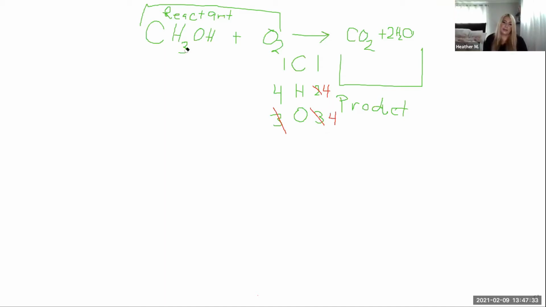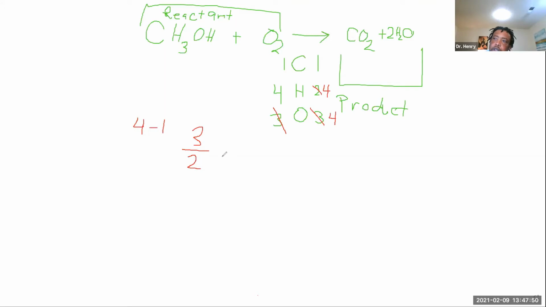So if I take this 4, I subtract that 1 that's in this complex. How many would that leave me with? So 4 minus 1, 3. So if I set 3 divided by 2, and I put 3 halves here.